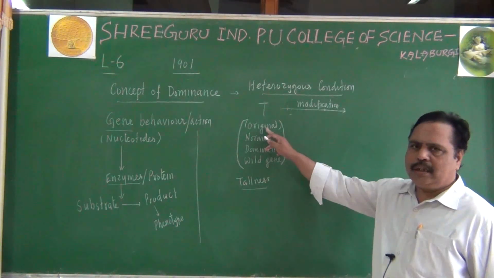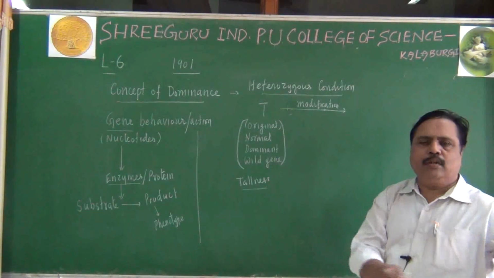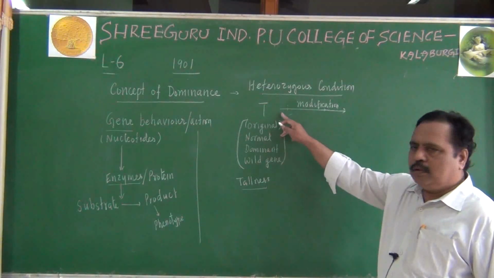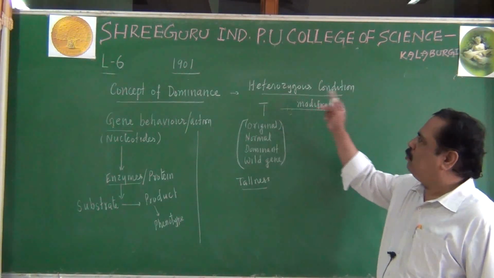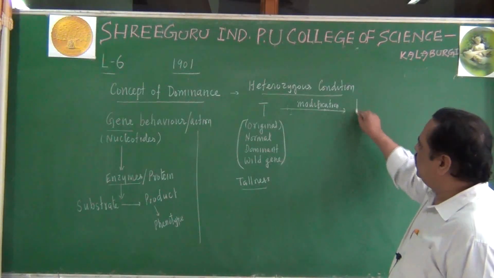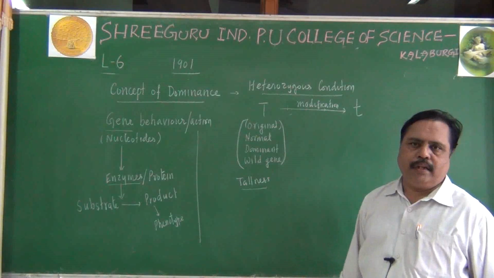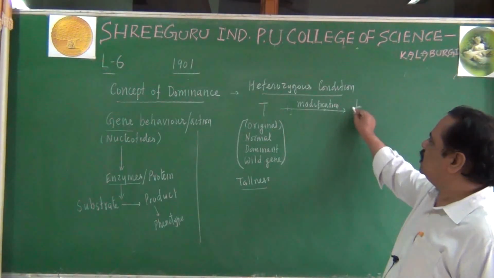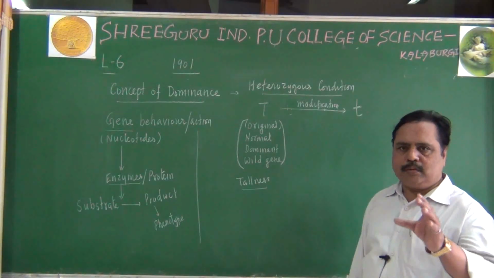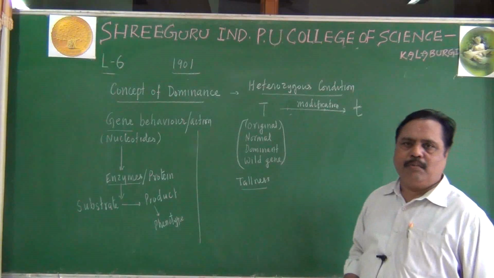It is the original type. That original type need not be present throughout the history of Earth. During evolution, this original type can undergo some modification. Because of that modification, we get another version of capital T. That other version is called what? That is small t. Remember this point.